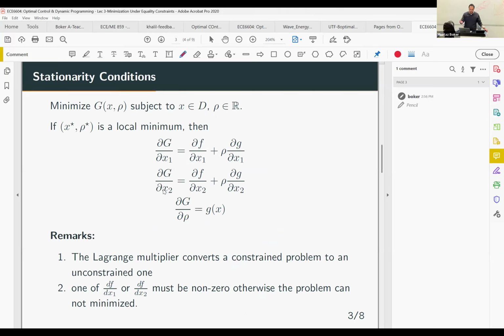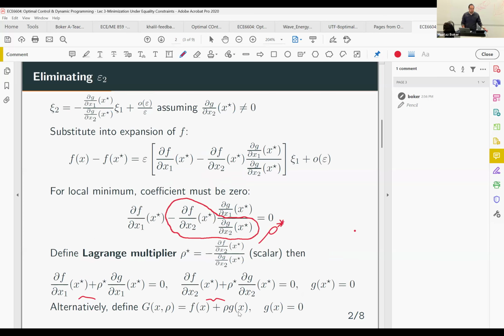Similarly, when I differentiate G with respect to x2, I get partial f with respect to x2 plus rho partial g with respect to x2. And when I differentiate G with respect to rho, obviously I'll end up with only g of x here.